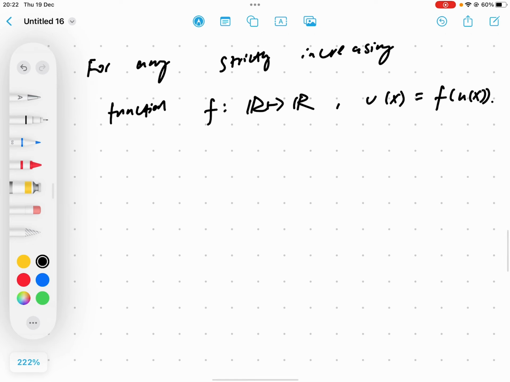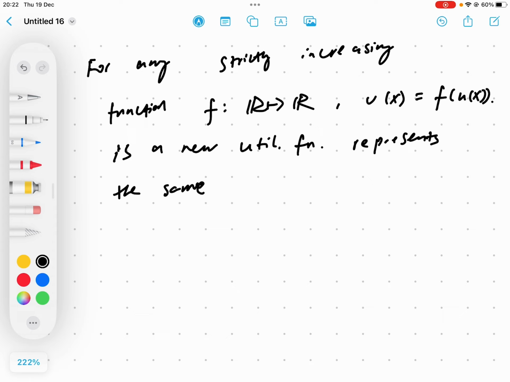So this new utility function, okay, it still represents the same preferences as u does, okay?